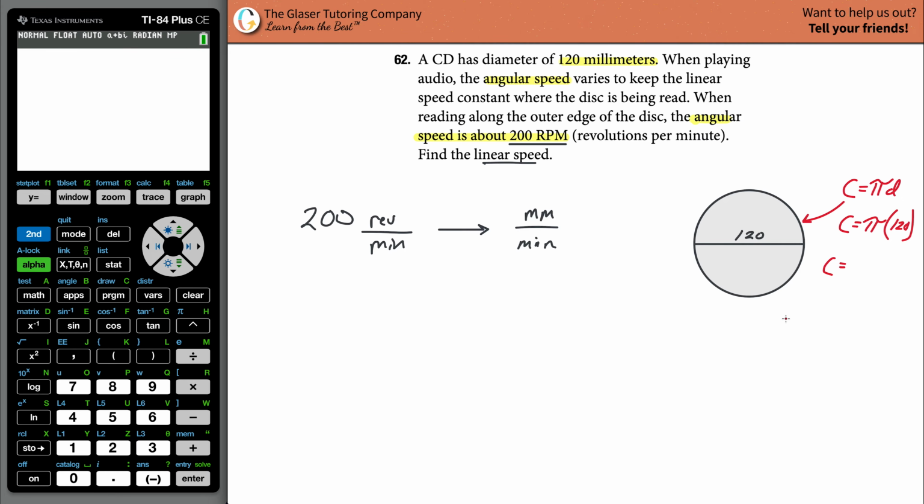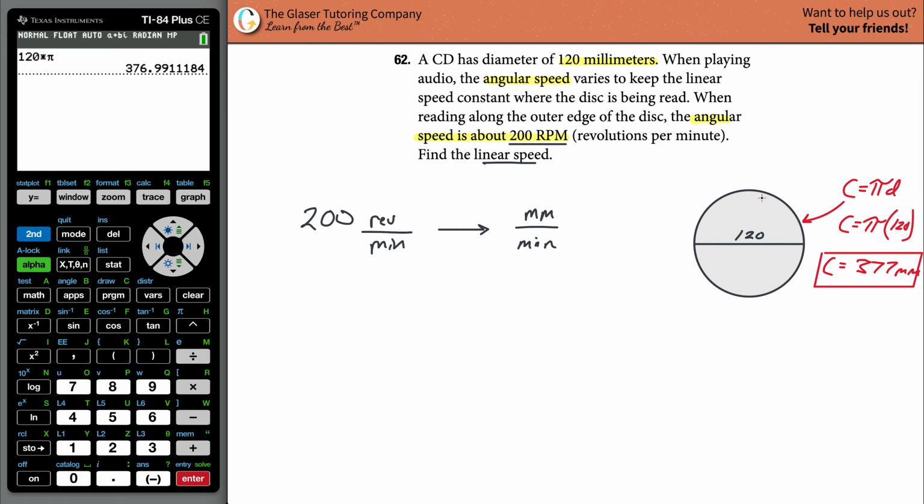Just to give us some perspective, if we go to the calculator, we can simply type in 120 and multiply it by pi. So the value is about 377 millimeters, because everything, remember, is in terms of millimeters.